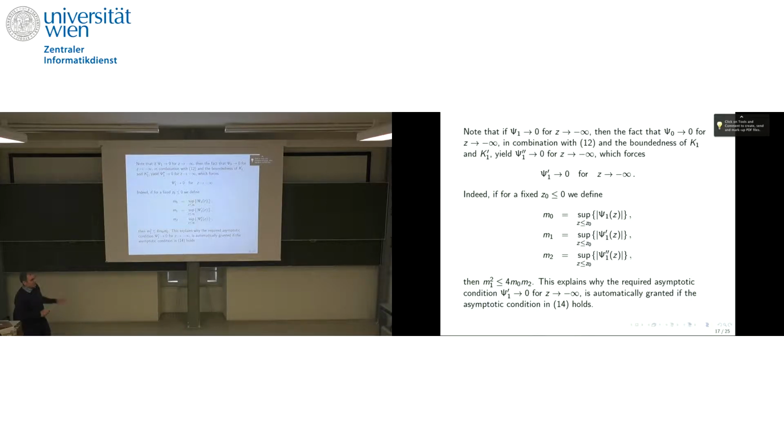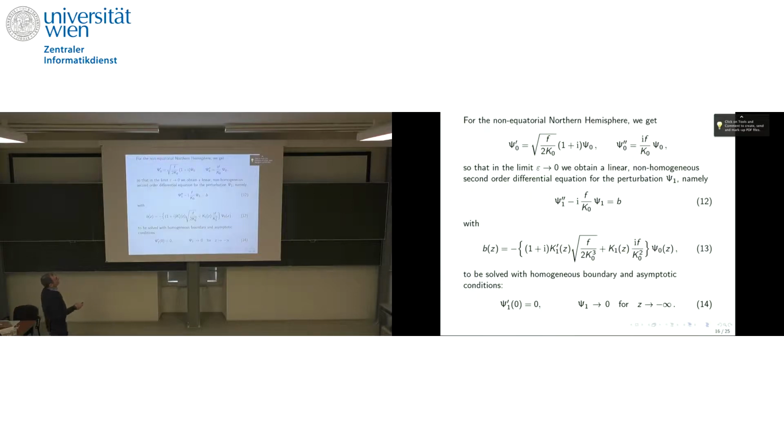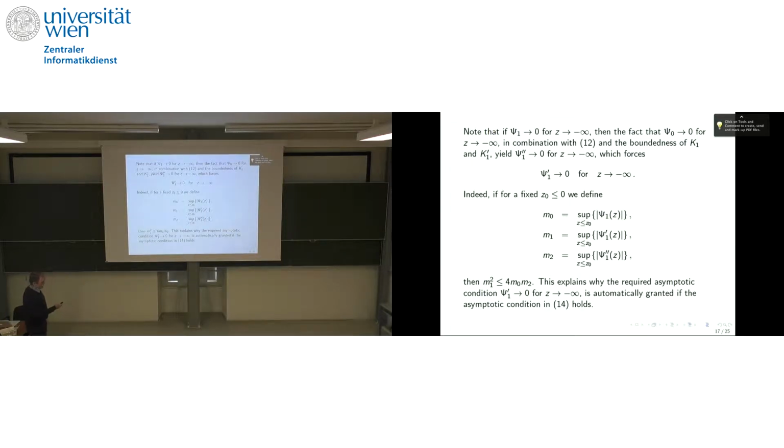Actually, this inequality is much stronger than that, but I know that both of these go to 0. So that means this is redundant. And it explains why, for the perturbation, I have this linear ODE with this initial condition and that boundary. So the derivative should be 0, and the solution should go to 0 at great depths.